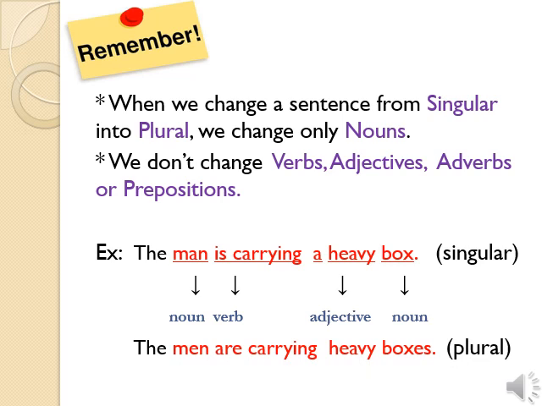The next one is the word "is." As you know, the plural of "is" is "are." Now let's take "carrying." Carrying is a verb. As I told you, verbs don't have plural, so "carrying" stays "carrying." As you know also, we cross out "a" or "an" and replace them with "some," or we don't have to put anything.